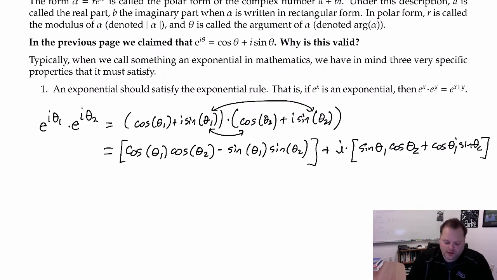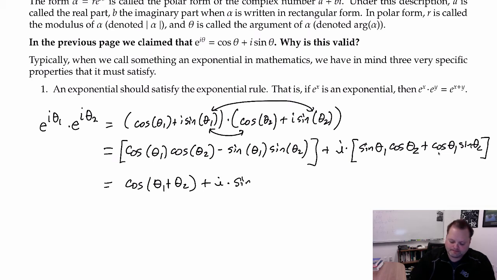Okay, well, this is where you dig into your pre-calculus textbook and you say, I vaguely recall what these things are. And you are right. This is the addition formula for cosine. Plus i times, and then this piece here is the addition formula for sine. But this is cosine of an angle plus i times sine of an angle.